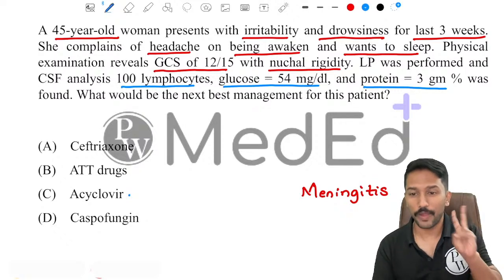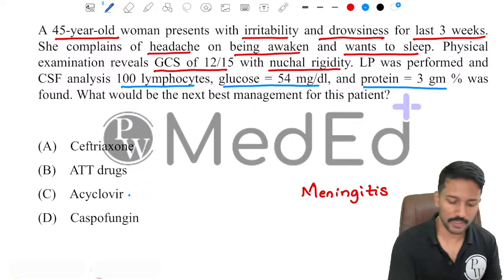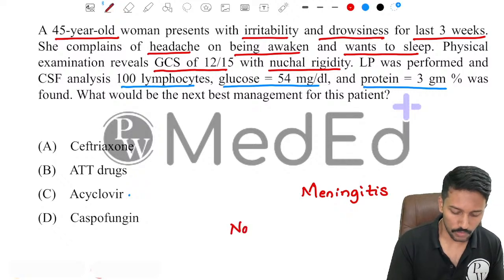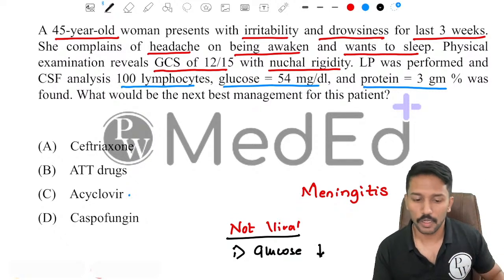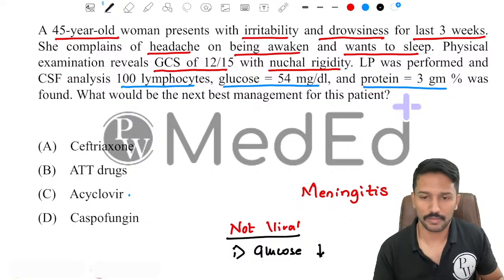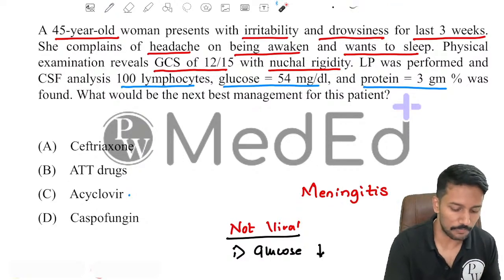Yes. So there are two factors which go against viral. Why is it not viral? It is not viral because of two reasons. Number one, the glucose is low, right? The CSF glucose level is relatively low. More important than that, because see here, this question is a little flawed.